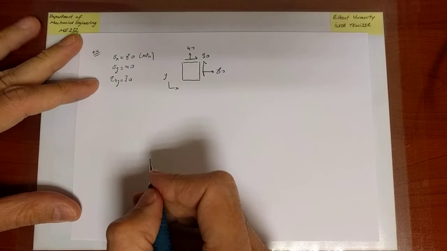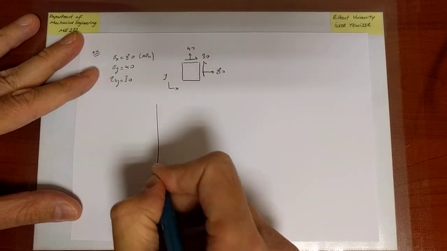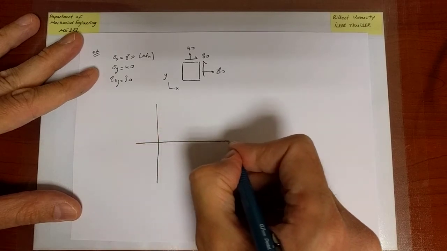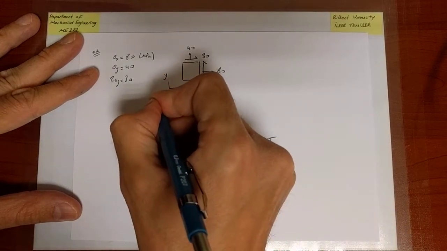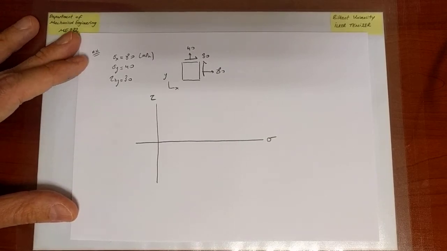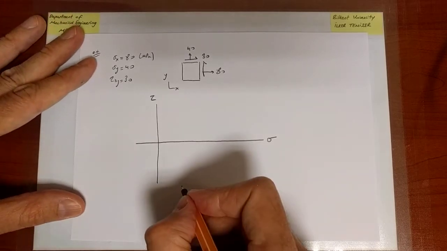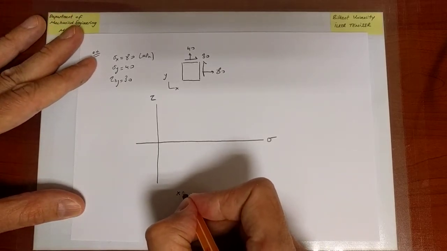So I'm going to go ahead and draw the Mohr circle once again. So that's sigma, that's the tau axis, so that's where I put everything on the map. And first I go ahead and identify the points correctly. First I go for the x point.